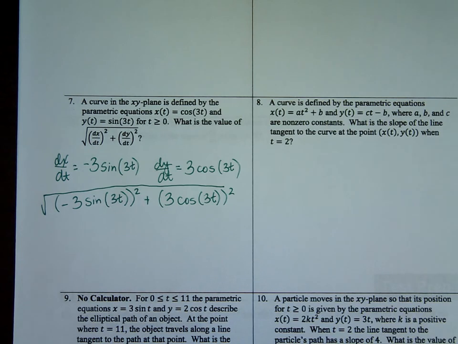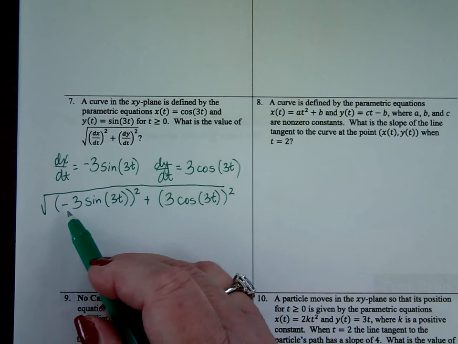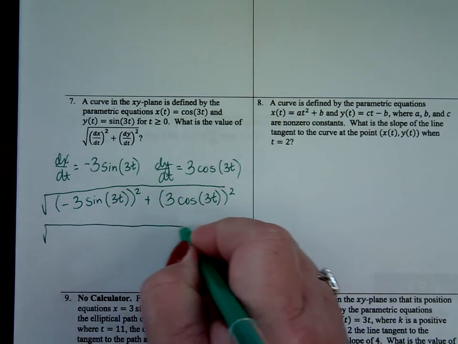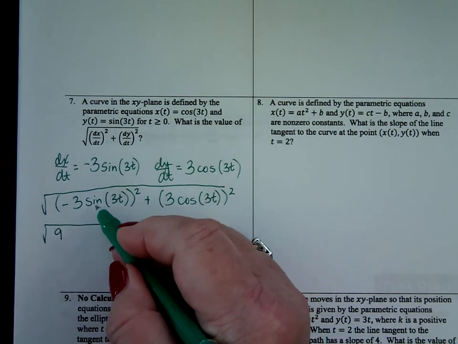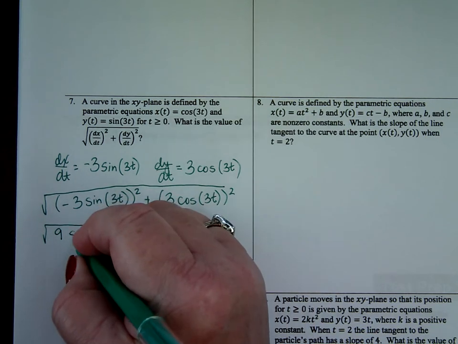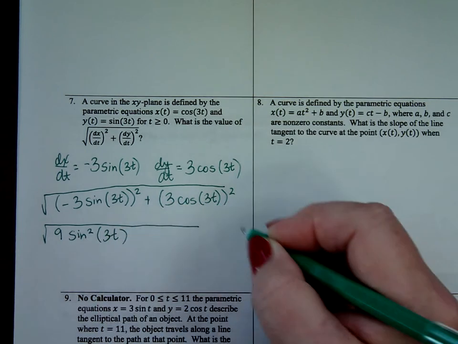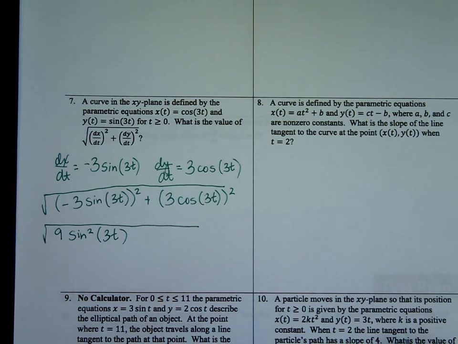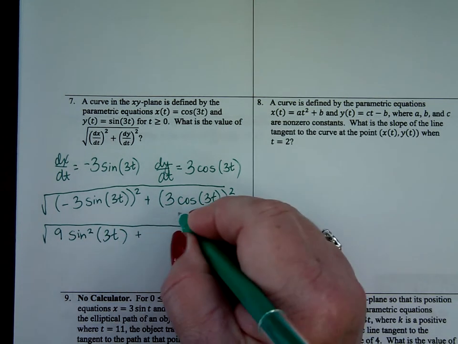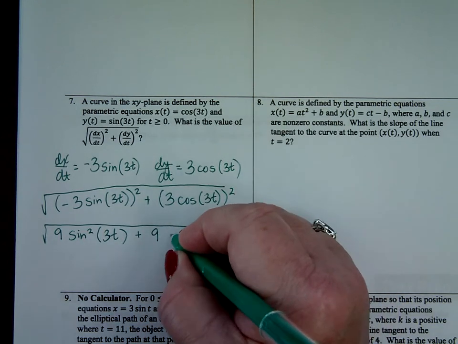Now I'm going to square it out a little bit. If I square the negative 3, I get a 9. If I square my trig function, this is going to be sine squared, but you don't square the angle. The angle just stays the angle. So that would be equivalent to 9 sine squared of 3t. This guy would be equivalent to 9 cosine squared of 3t.